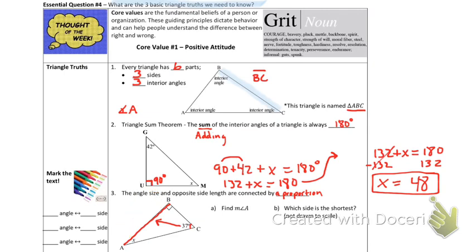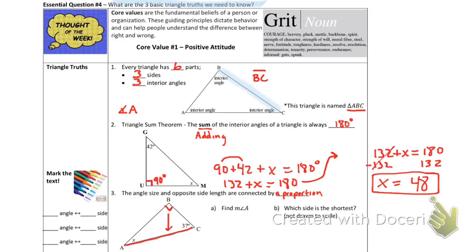For example, if we look at angle B, which is 90 degrees, its opposite side is AC. We now know that AC is going to be longer than AB because the angle is bigger.